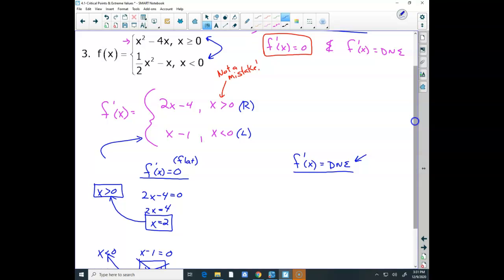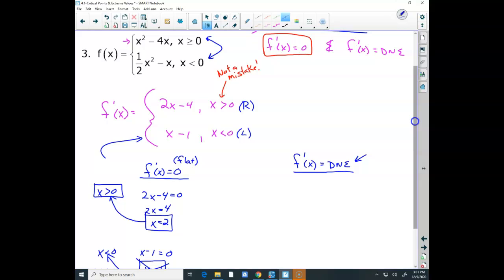If they come together at a sharp point, then the derivative does not exist because it would be a corner. If they do not come together, and this piecewise function is not continuous, the derivative doesn't exist there either. But if they come together in a smooth transition, then the derivative would exist, therefore it wouldn't have a critical value for that side.